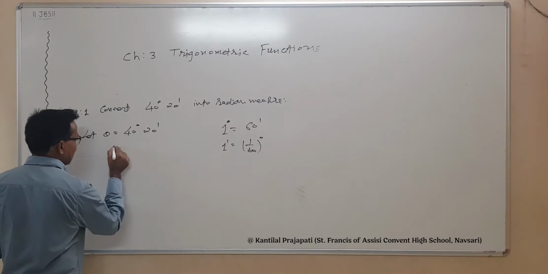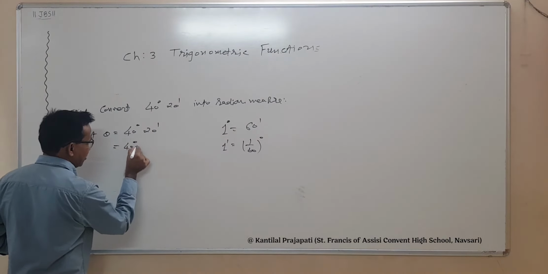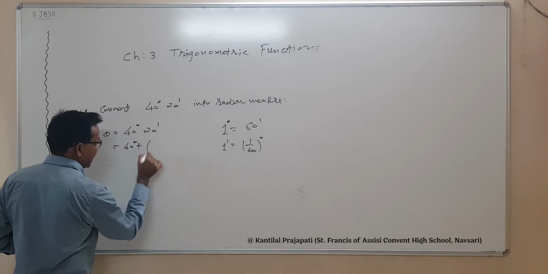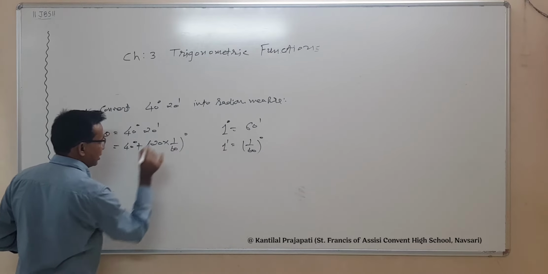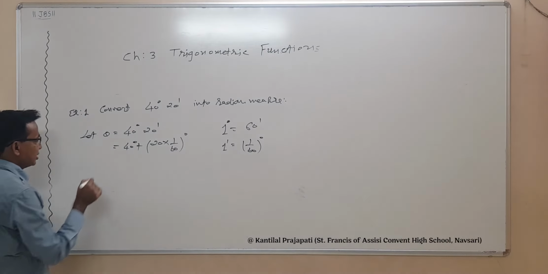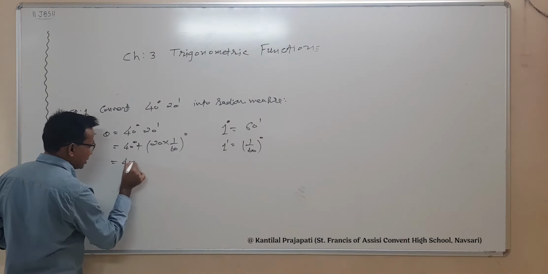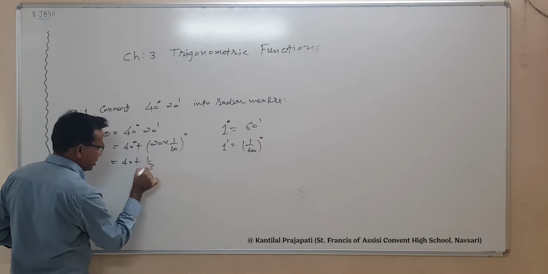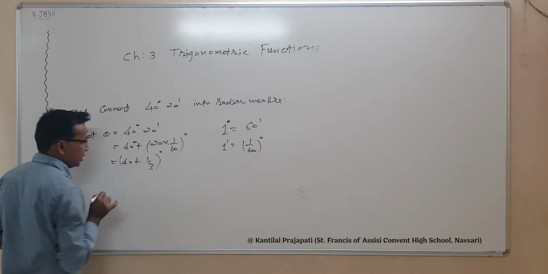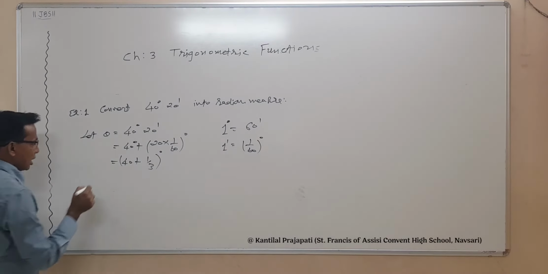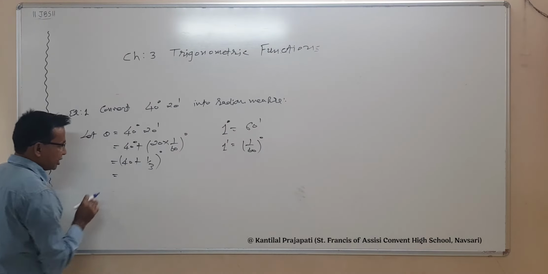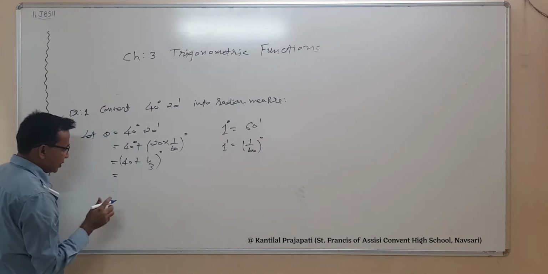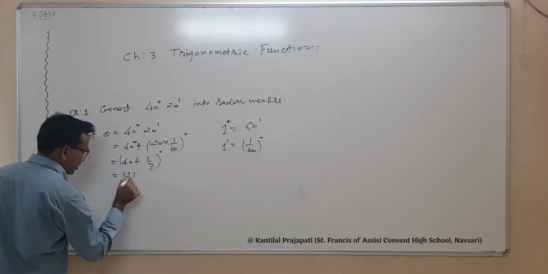So we write this equal to 40 degree plus 20 minute. 20 minute into 1 by 60 gives 1 by 3 degree. So it is 40 plus 1 by 3 degree. Take the LCM: 40 into 3 is 120, 120 plus 1 is 121 upon 3 degree.